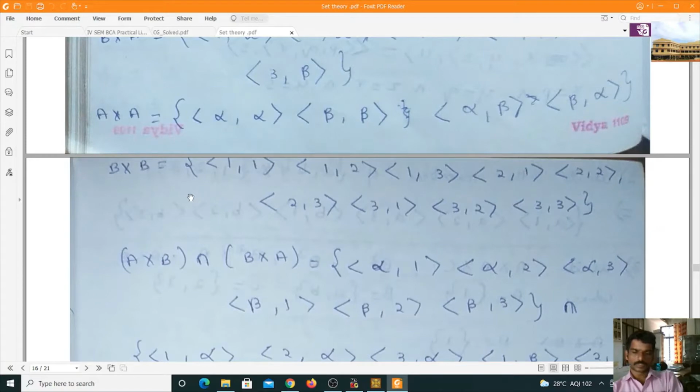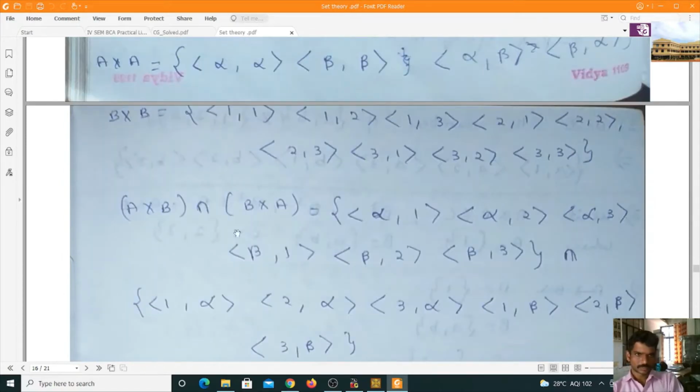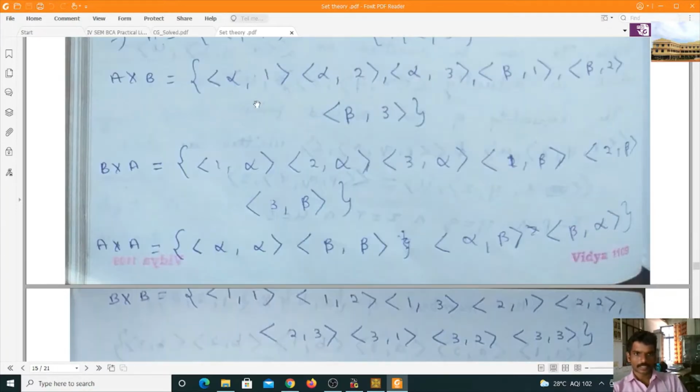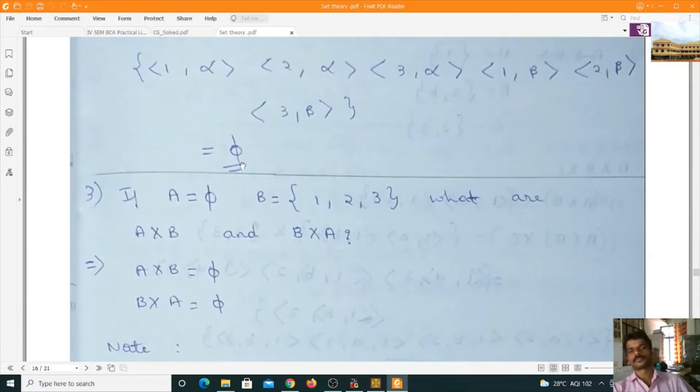Next B cross B, that is also the same set, so A cross A is also written as A square, and B cross B is also written as B square. Next, A cross B that we calculated here and B cross A, can you find any common element here? Is there a common element for the intersection? There is no common element, so the intersection value is null.